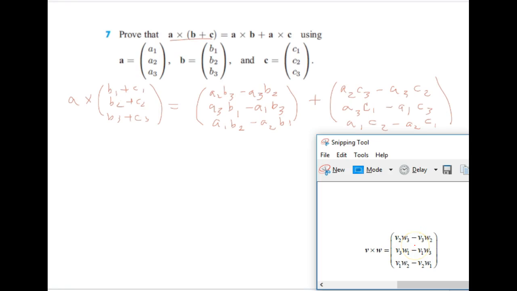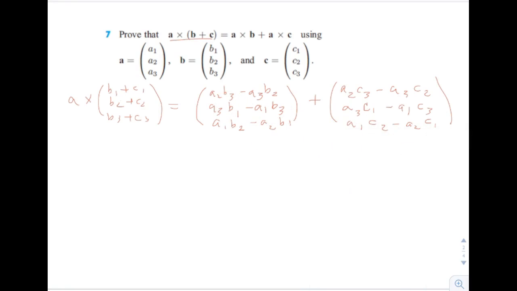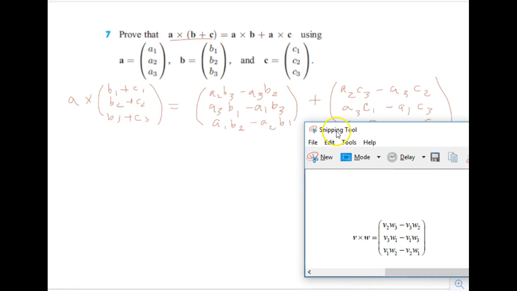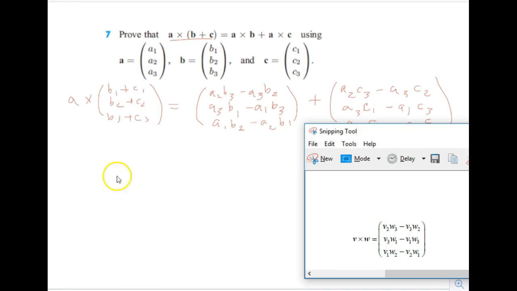Instead of V and W, I used A and B. And for A cross C, I substituted A and C in for V and W. So you can see that these two look very similar, but instead of the B's here, I have C's here. And now I'm going to add these together, and then do a cross product of these again using this formula. So I'm going to go offline here and do that and come back.